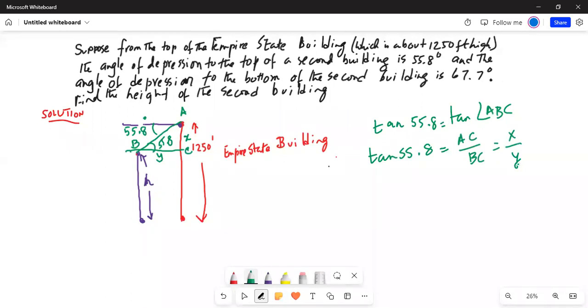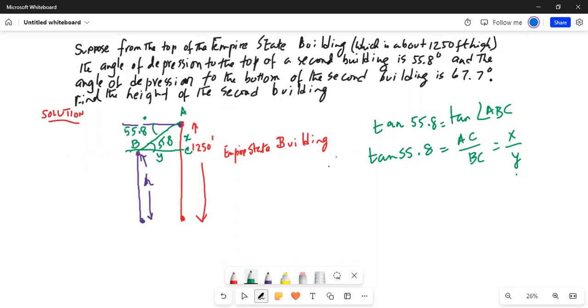Remember, x is the difference in height between the Empire State Building and the second building. We do not know it. And y is the horizontal distance between B and C. Also, that is not known. But we have been given other information.